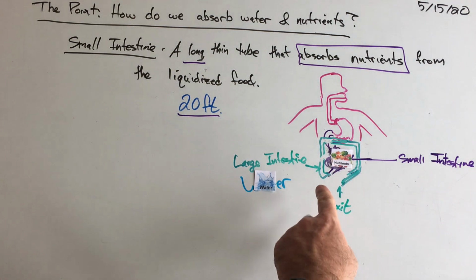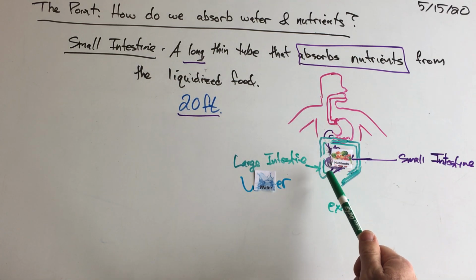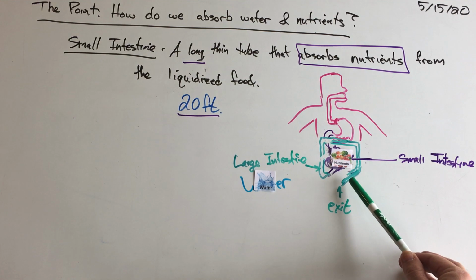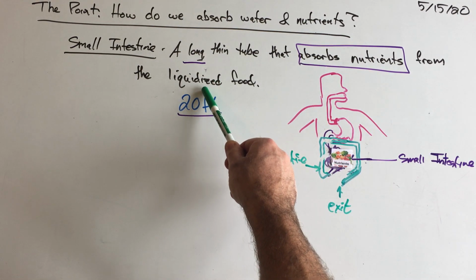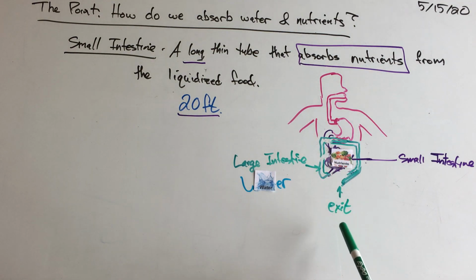As you might guess, it doesn't spend a long time in the large intestine. Once it gets here, it's waste. Do you really want waste sitting in your body for long periods of time? No, not really. And all it's doing is absorbing water. It's going from liquidized stuff that was flowing through the small intestine to hard poop that comes out, right? And we want the poop to be somewhat hard.